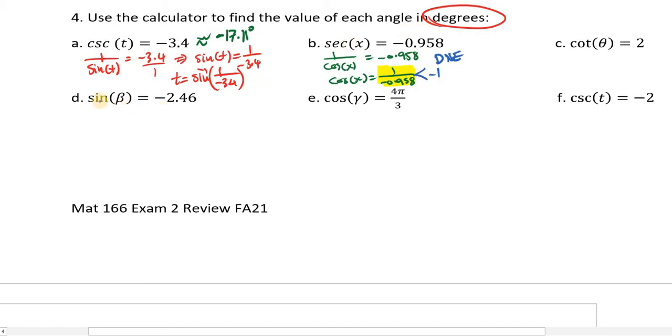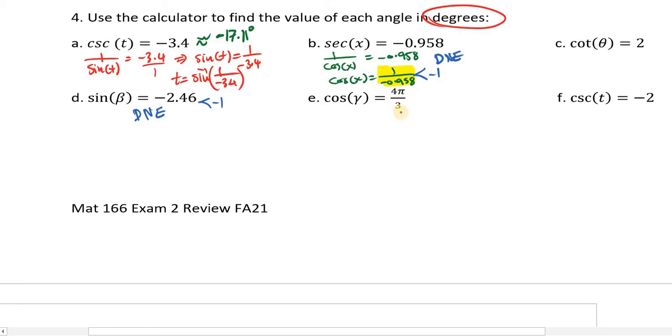Same here. Notice how sine beta is equal to -2.46. We know that sine cannot be less than -1, and this number is way less than -1. So it's way below -1. It's out of the range of sine beta, and that's why we know that this does not exist either. Okay. This one, same.